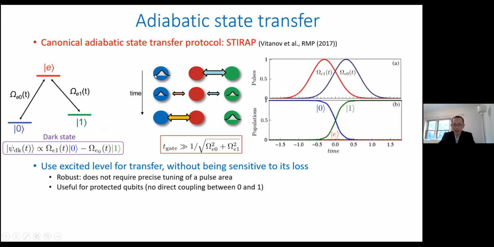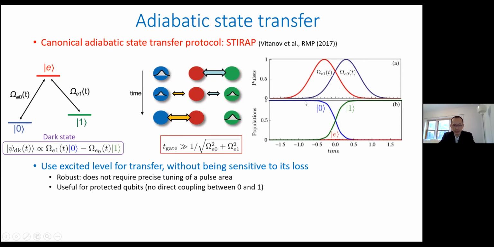By counterintuitive sequence, what I mean is that, suppose we have the initial state at 0 and we want to move it to 1. What you need to do is to first turn on the pulse that drives the 1E transition, and then you slowly turn it off while turning on the pulse that drives the transition between 0 and E. And this is an example of the pulse.